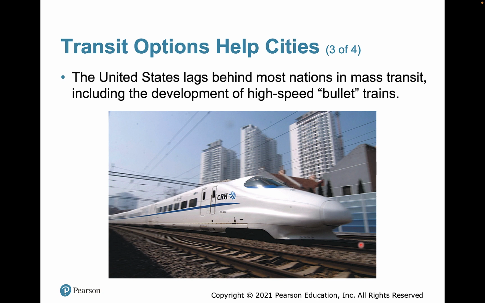We in the United States tend to lag behind in terms of mass transit, and it makes sense. We're going to talk about Eisenhower. So Dwight Eisenhower, the interstate highway system in the United States is called the Dwight Eisenhower Interstate Highway System because in the 1950s, he was presented with a choice. And cars in the 1950s were inexpensive.